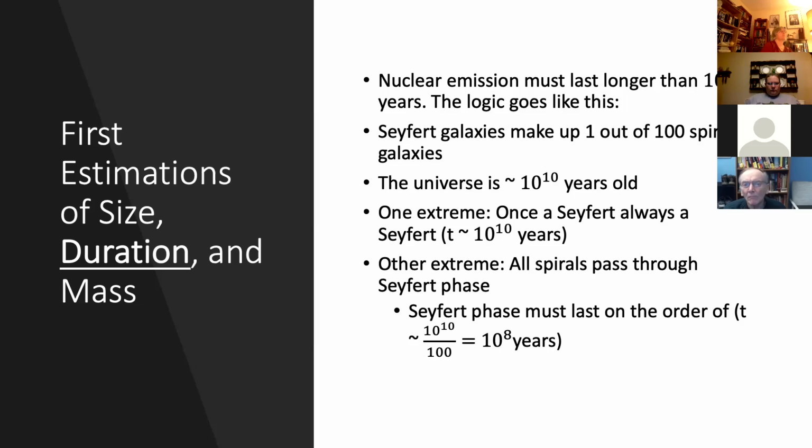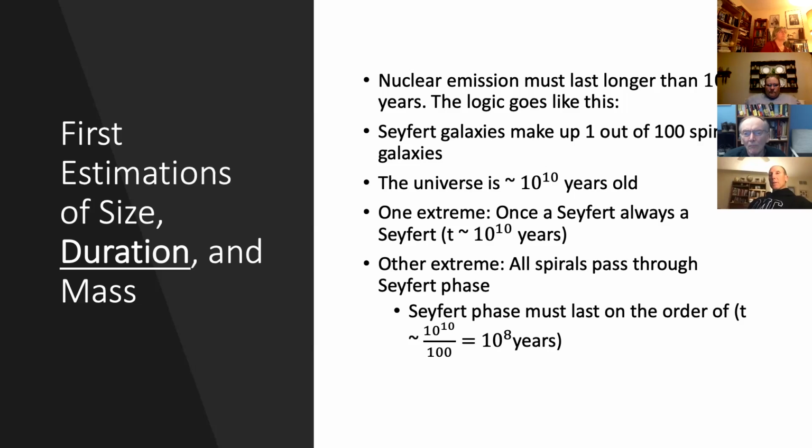And the universe is about 10 to the 10 years old, about 10 billion years. So we have two extremes. One is that a Seyfert galaxy is its one and only phase. It doesn't transition into any other morphology. Once a Seyfert, always a Seyfert.